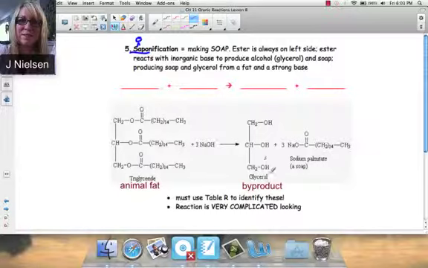And this is the process of making soap. An ester is always on the left side, and an ester reacts with an inorganic base, meaning a base that doesn't contain carbon. In this case, it's usually sodium hydroxide. This is your base. And it produces glycerol, which is a byproduct, and soap.